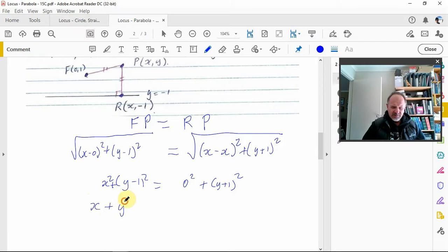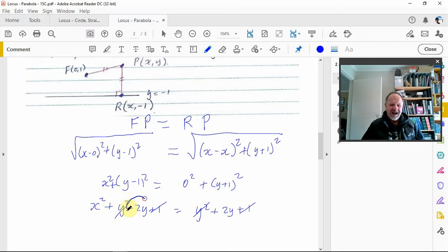Expand: y squared minus 2y plus 1 equals y squared plus 2y plus 1. So what am I doing here? We take y squared from both sides, and then we get that. We can take 1 from both sides, and they're gone.